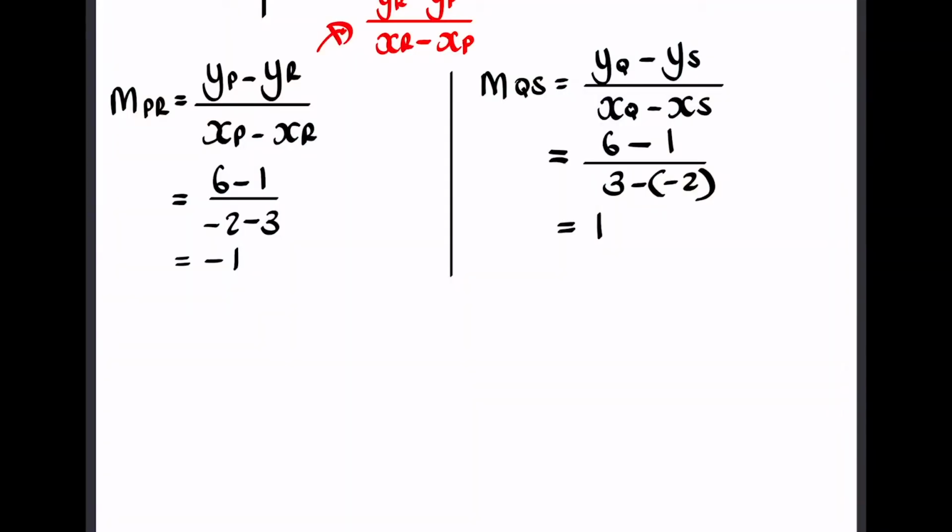What do these two answers tell us about the lines? Well, PR is perpendicular to QS. Why are they perpendicular? Because the product of the gradient of PR and QS is equal to negative 1, because negative 1 times positive 1 is negative 1.